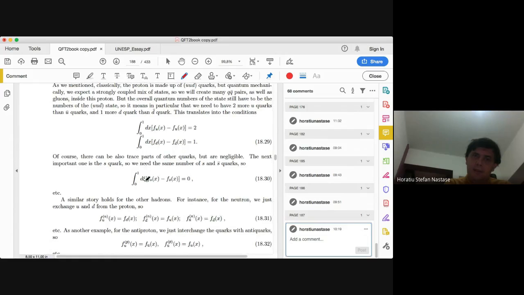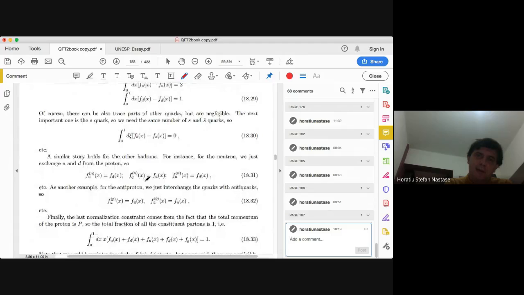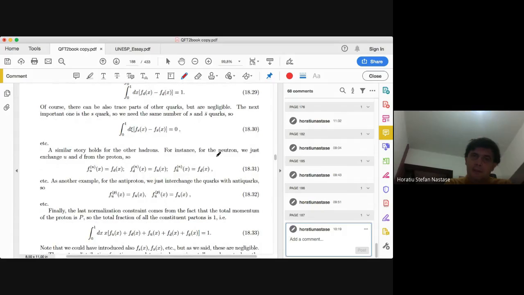But I could do the same thing for other kinds of hadrons. In particular, the neutron, which just exchanges U and D. So FU for the neutron is numerically equal to FD for the proton, and FD for the neutron is numerically equal to FU for the proton.